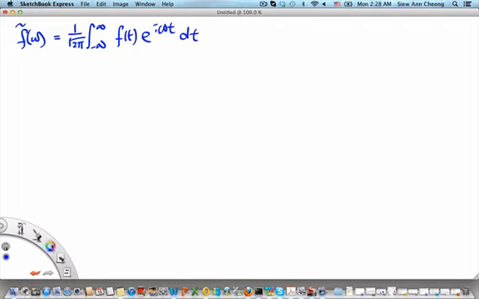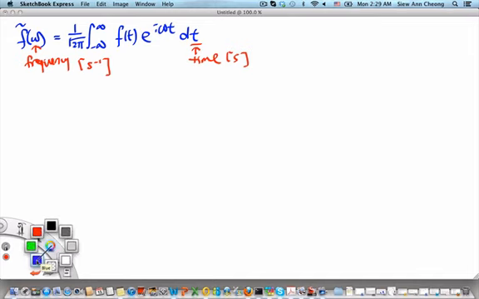Let us note that usually t plays the role of time, and omega plays the role of frequency. So these two are reciprocal variables. Time has a unit of seconds, and frequency has a unit of inverse seconds. So this is the definition of the Fourier transform with respect to a function of time.